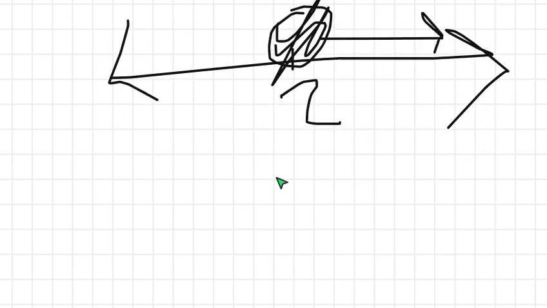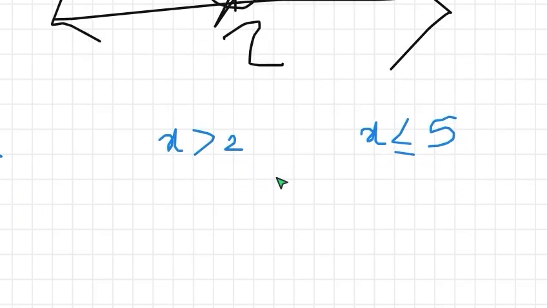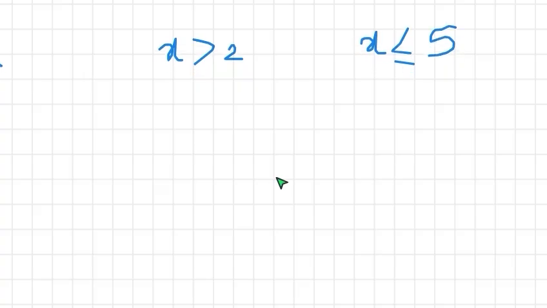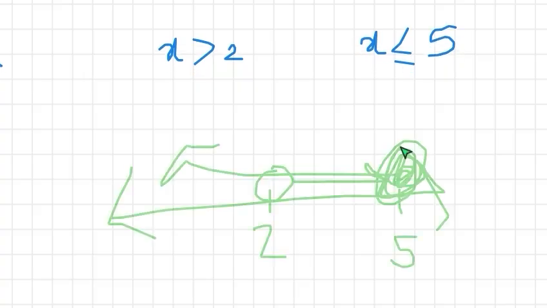Let's say I write x greater than 2, but it is less than or equal to 5. How do you represent this on the number line? x greater than 2 means at 2 there was a hollow circle, so you have gone to the right side.